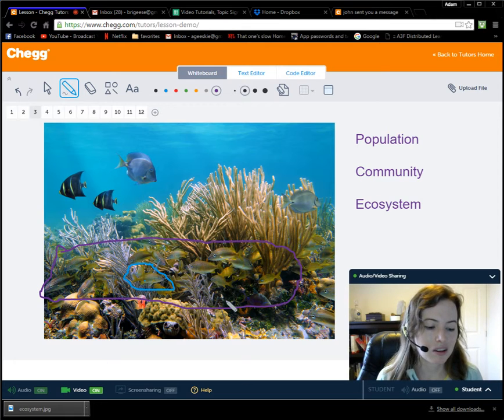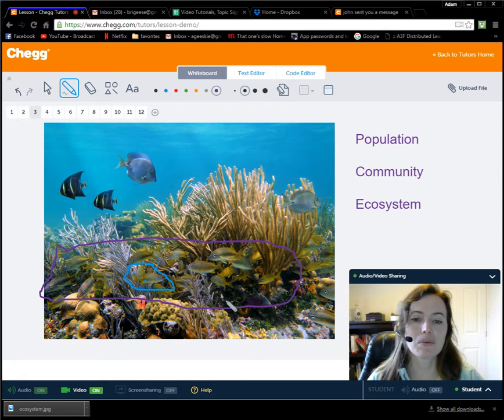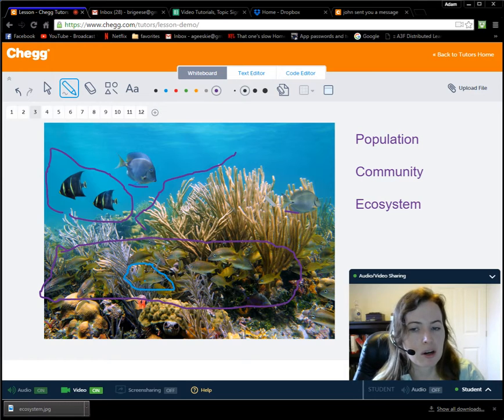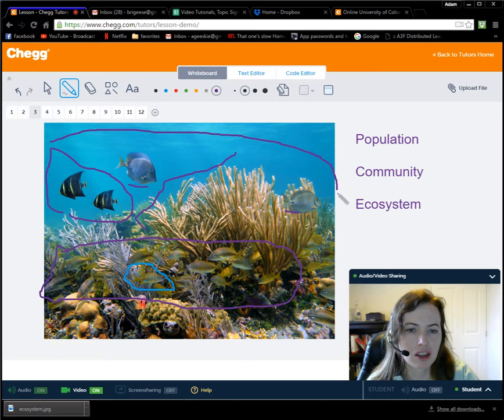Make sense? Okay, say I want to broaden my scope, and now I want to see how populations interact with other populations. So here's another population of fish, and here's one organism, another organism, all of these coral reefs are a population. If I want to see how all these populations interact with each other, this will be my community.